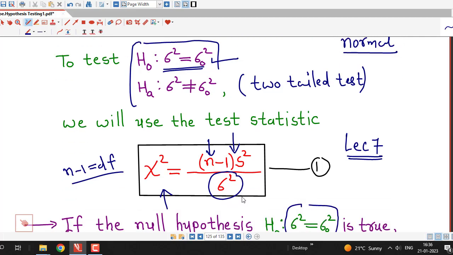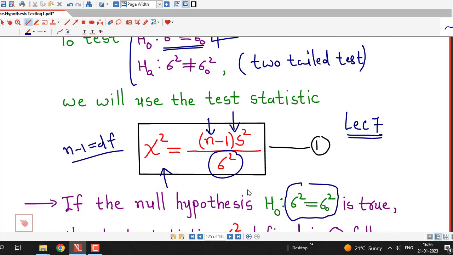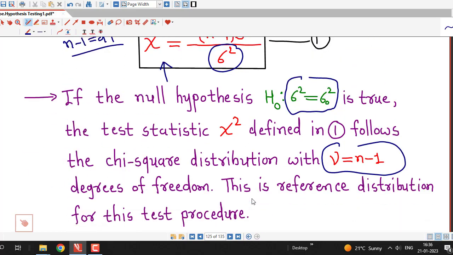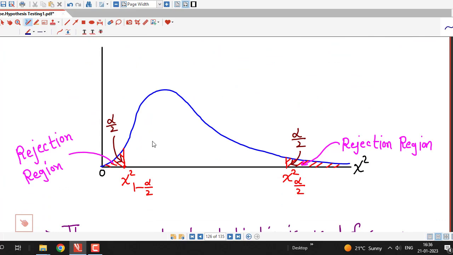Now after calculating the value of the test statistic, we have to decide the critical values of this chi-square variable. For that we know that our chi-square distribution is this type of distribution, which is skewed to the right side, and our alternative hypothesis is sigma square is different from sigma 0 square.